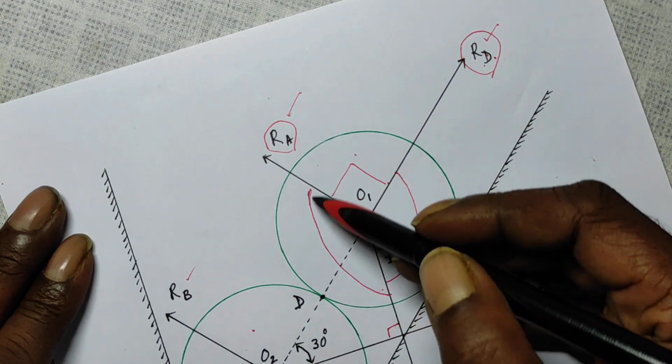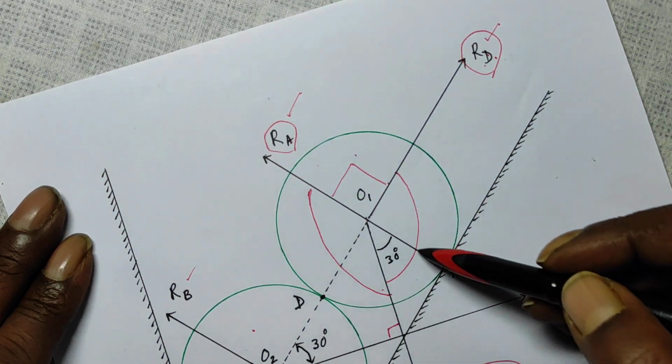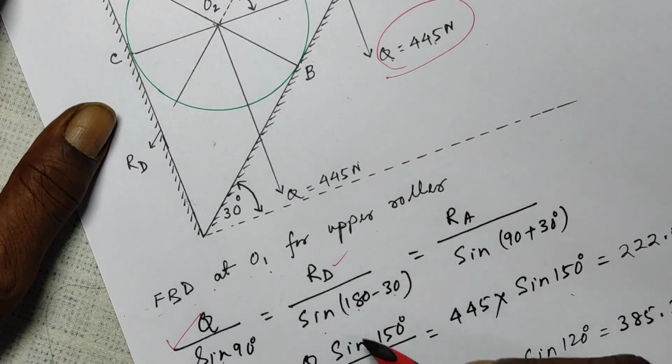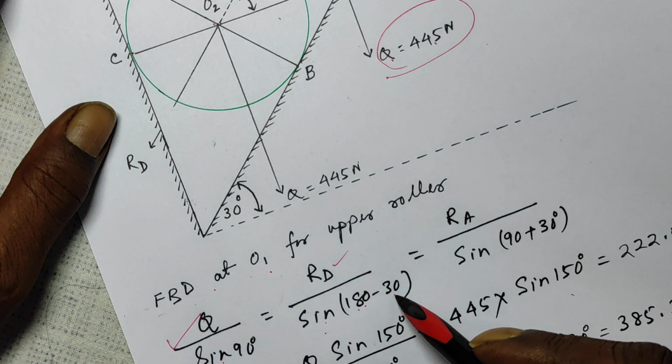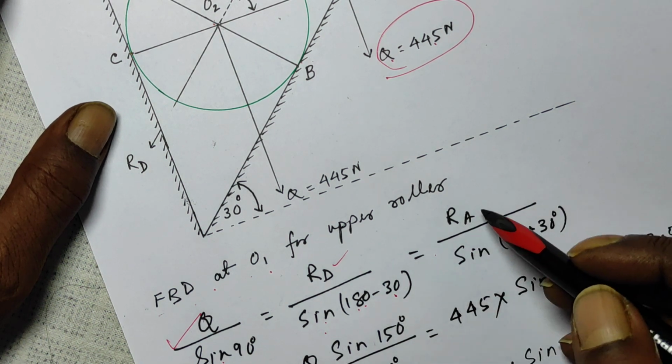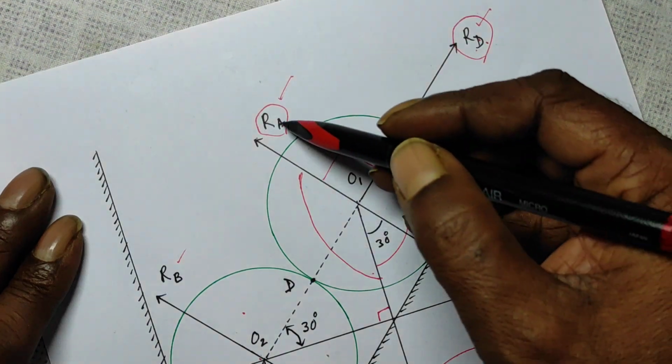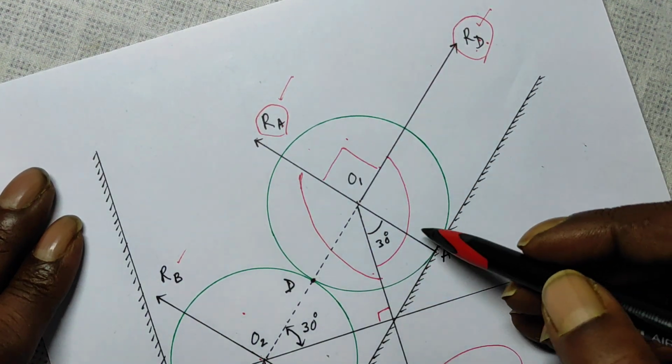This angle is equal to 180 minus 30, that is sine 150. So RD over sine 180 minus 30 will be equal to RA over sine of the opposite angle. Look, RA is this way.